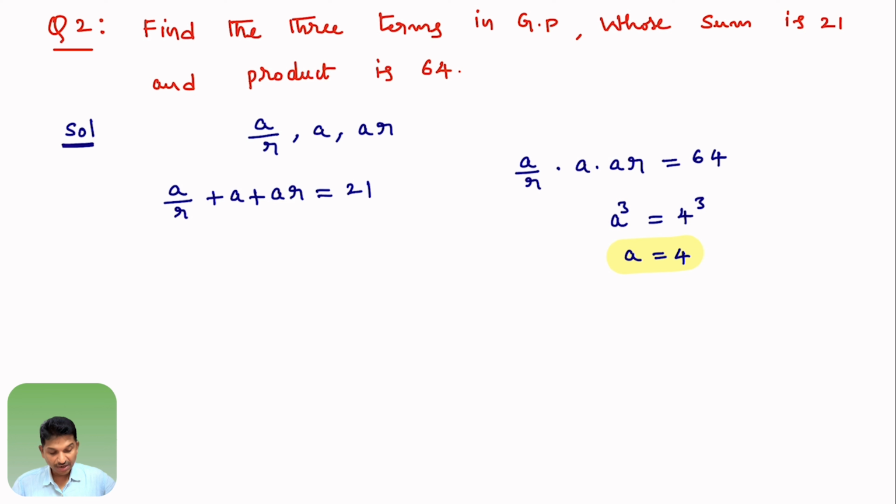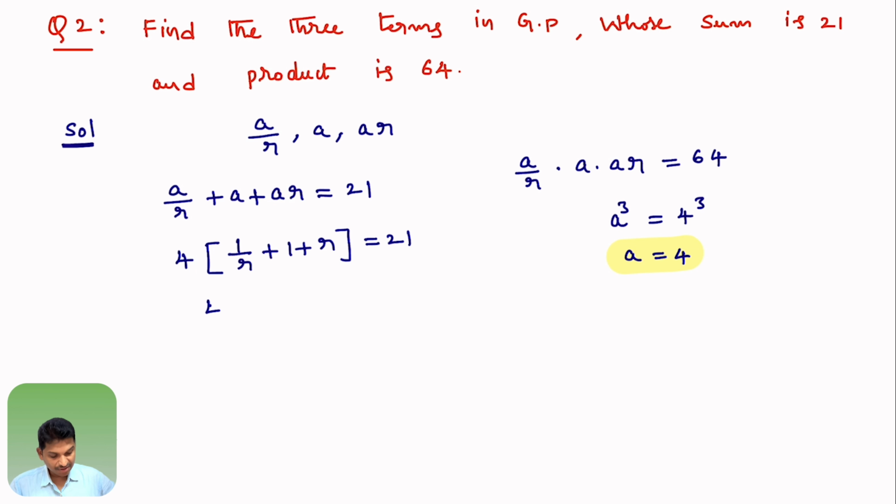See here, to find these 3 terms of the geometric progression, we just need the a value and r value. The a value we already calculated. Now I need the r value. I'll substitute this a value in this equation. You observe, I can take a common. Take a common: 4 into 1 by r plus 1 plus r equals 21.